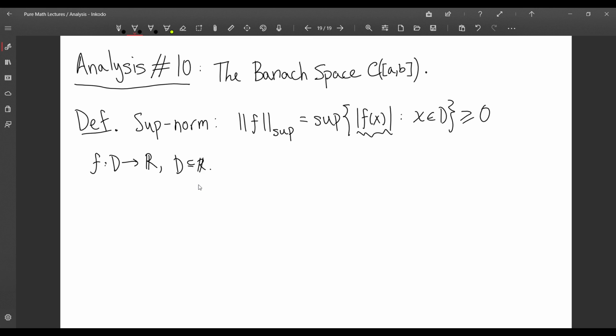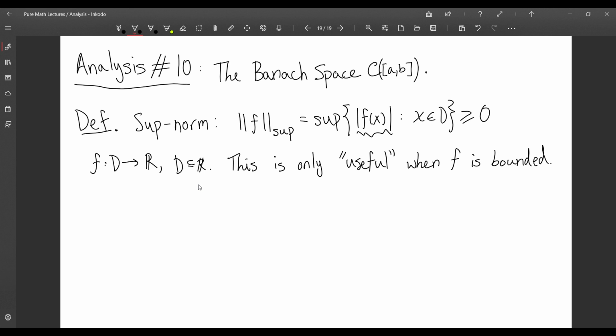And also notice that this is only, quote, useful when f is bounded. In other words, when f is not bounded, then this supremum is going to be infinite, and then you're not really getting a norm.